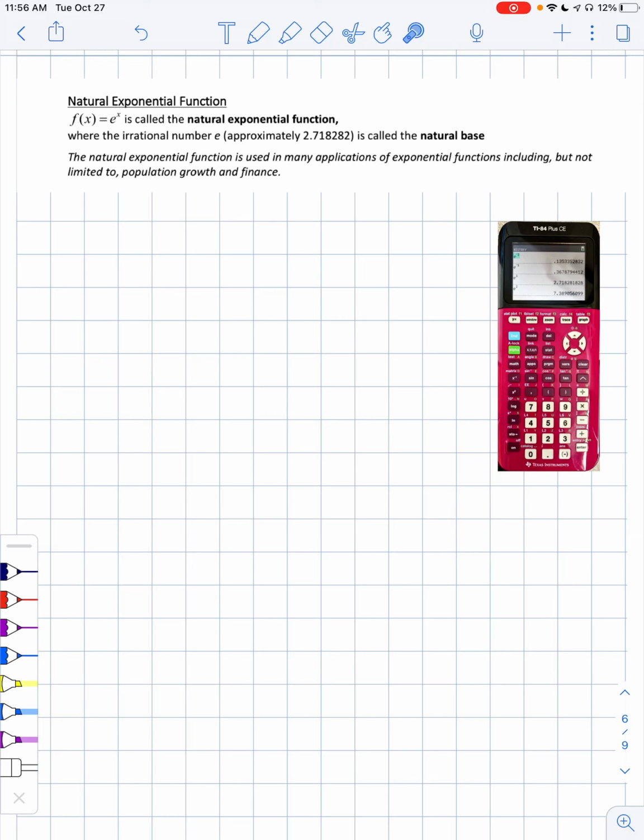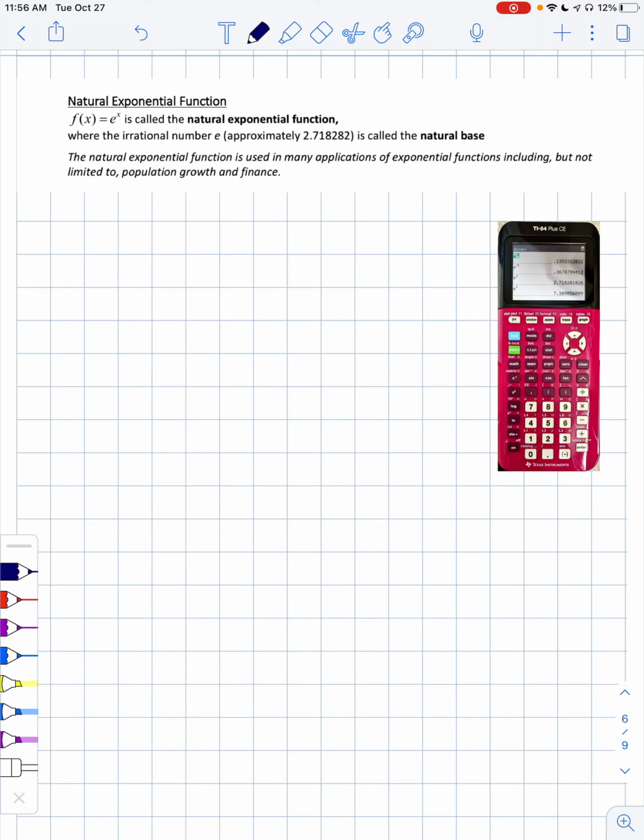So what I want to do is graph this function, and we'll see that it's very similar to our other exponential functions. And then we're going to look at a few application problems with both this natural exponential as well as just exponentials in general.